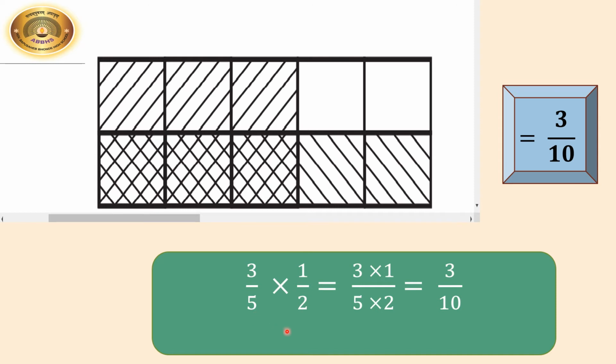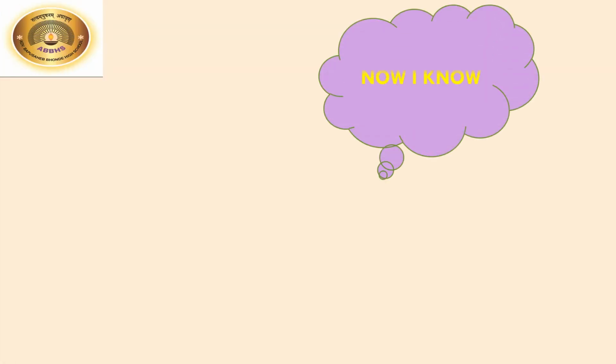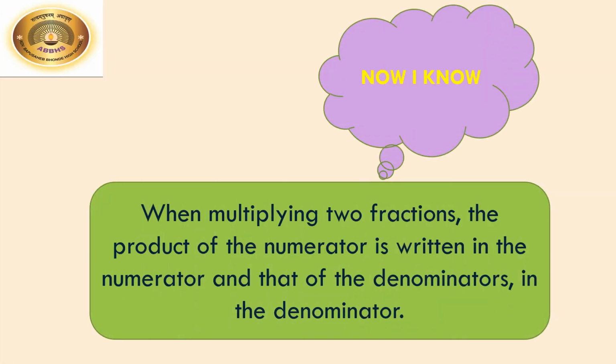Multiply denominator into denominator and write the answer in the denominator. Now I know. When multiplying two fractions, the product of the numerators is written in the numerator and that of the denominators in the denominator.